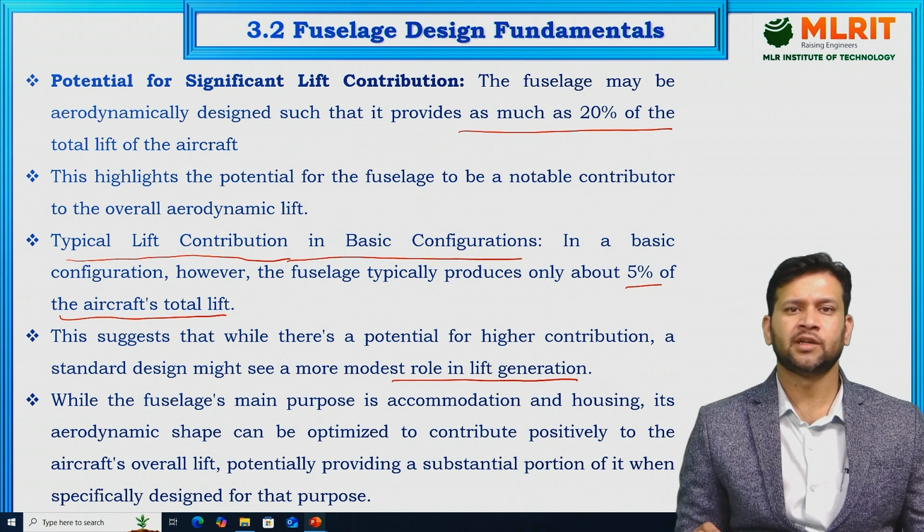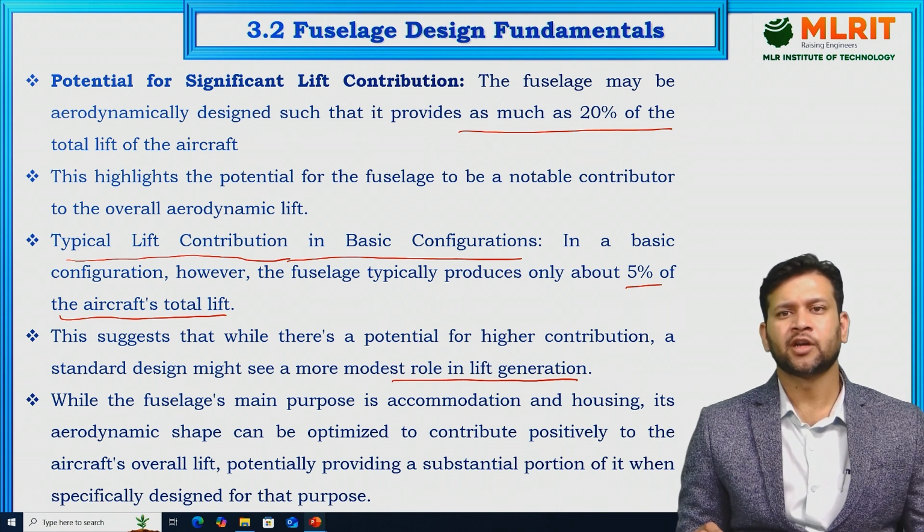While the fuselage's main purpose is accommodation and housing, its aerodynamic shape can be optimized to contribute positively to the aircraft's overall lift, potentially providing a substantial portion of it when specifically designed for that purpose.